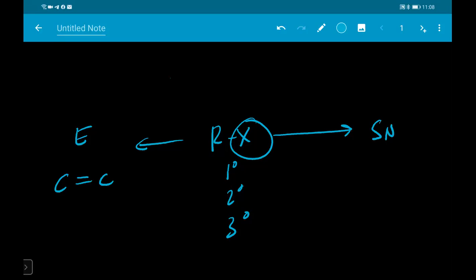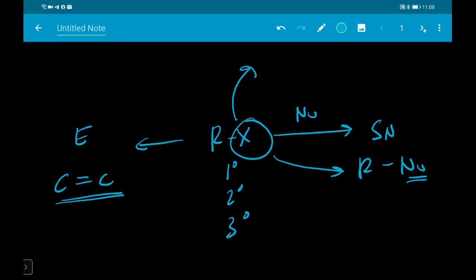For this one, katalah kita ada nucleophile. So what is going to happen is the X will be replaced with Nu. Nucleophile ni akan replace yang X ni. Yang ni pula, X ni akan dikeluarkan and then it's going to form a double bond. That is the difference between the substitution and also elimination.